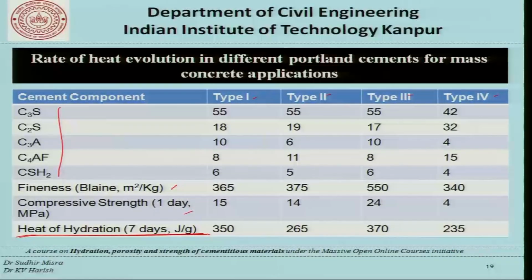In this case, what is given is at 7 days. So if we look at this table carefully, we find that the heat of hydration at 7 days could vary from 235 joules per gram to as much as 370 joules per gram, depending on the type of cement.